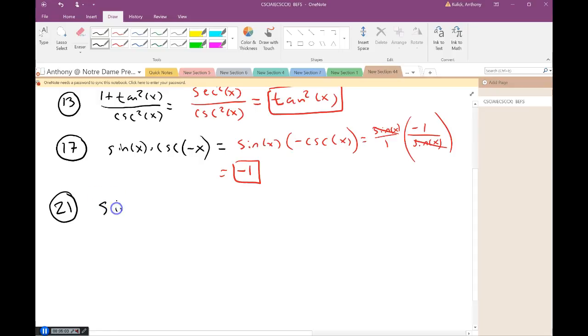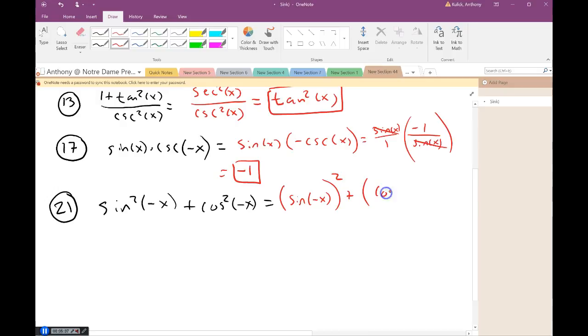is sine squared negative x plus cosine squared negative x. So what's the first thing that we did here? This is a little bit tricky because you have to really interpret what sine squared negative x means. So I'm going to do this just to demonstrate how I'm going to think about it.